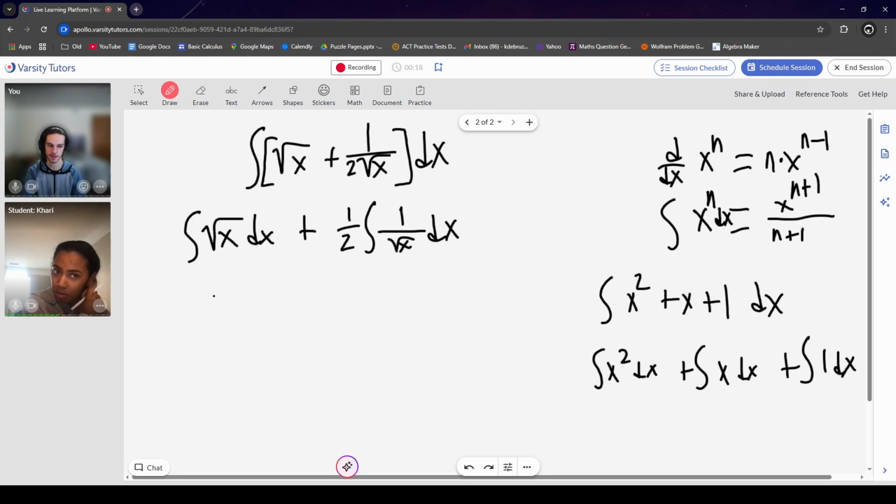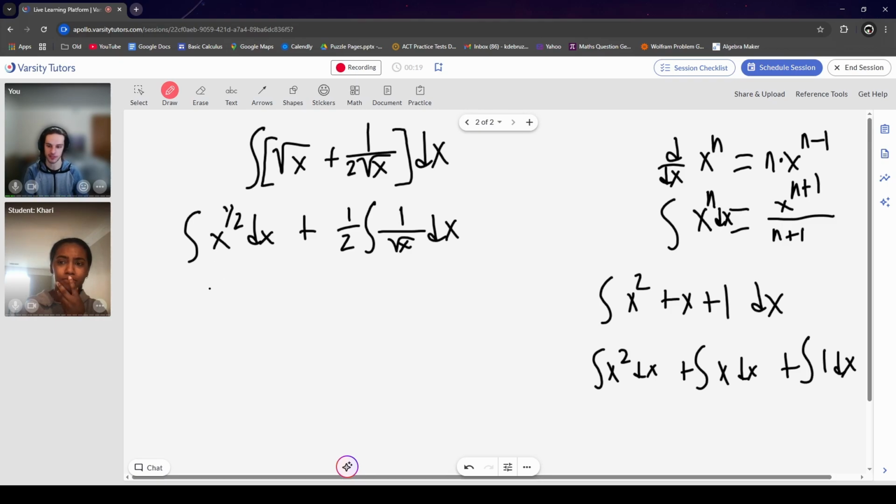So it would just be, let me not do mental math because I know I can't do mental math like that. Well, 1.5. So it'd be x square root of x over 1.5, right? 1/2, right? Or one and a half.